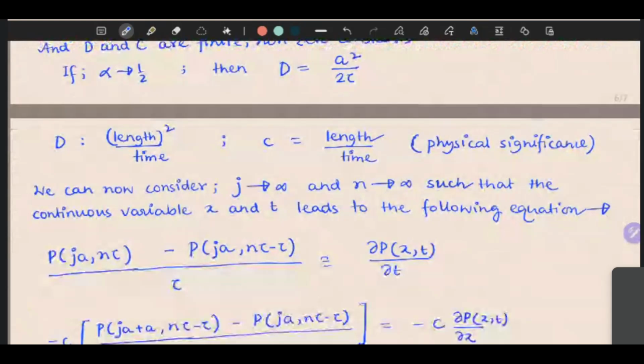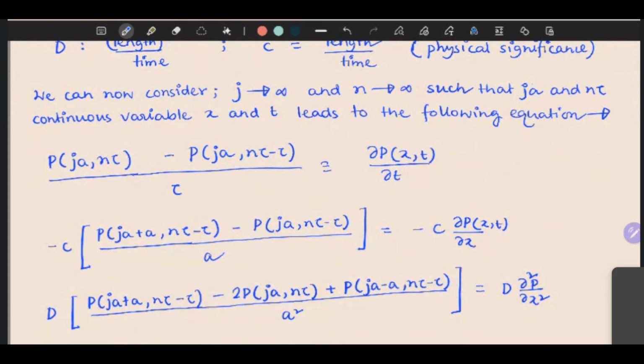Here we missed that J A and n tau turn into continuous variables x and t.